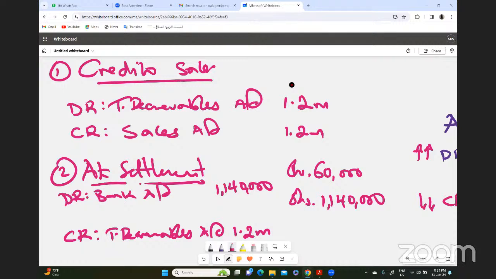Now the difference that you're seeing of 60 that you are not going to receive is an expense. It comes as a result of matching. Why? Because you recognized an income up there of 1.2, but you have not received the entire amount.